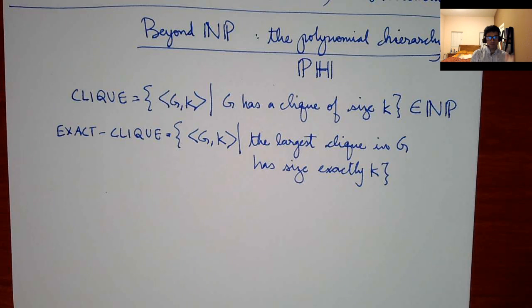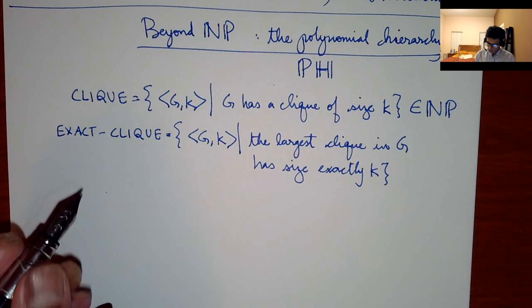The certificate just says you have a clique of this size, but it doesn't tell you whether there's a bigger clique. Right, that's true. What about the certificate of not being? So we might think, okay, maybe it's co-NP. So let's see.